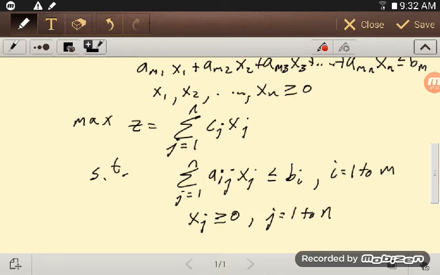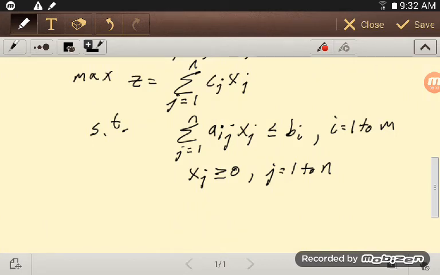So with summations, it makes it much cleaner, and you can even go so far as to do something like matrix notation if you know matrices.